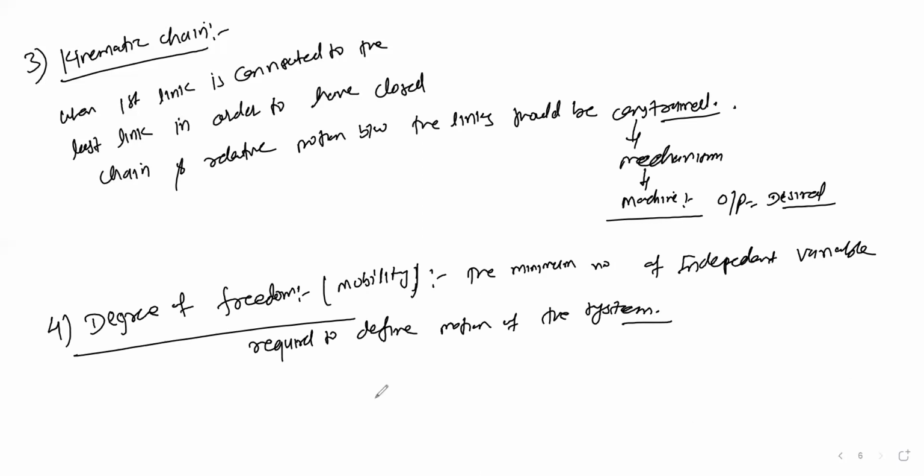Like here I will tell you, this is 3D space, this is X, Y, and Z, and this is an object, a 3D object I'm assuming. This object can move in the X direction, it can translate. It can move in the Y direction, it can translate. It can move in the Z direction, and it can rotate also.